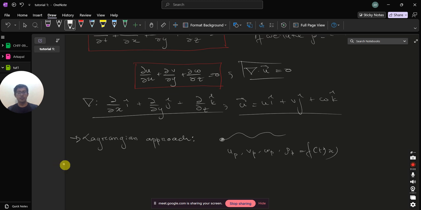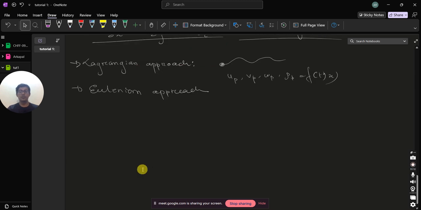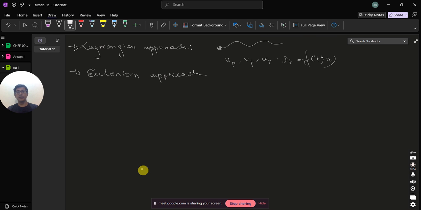And another approach is the Eulerian approach. In this approach, we don't follow the particle. Our reference frame becomes stationary, and particles can freely travel from here to there, whatever they wish.